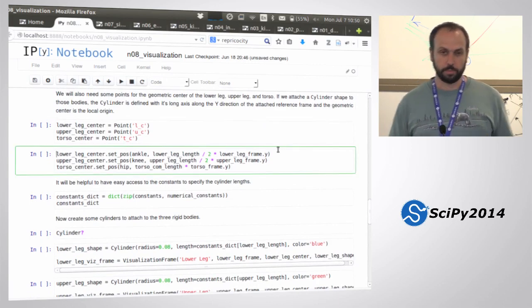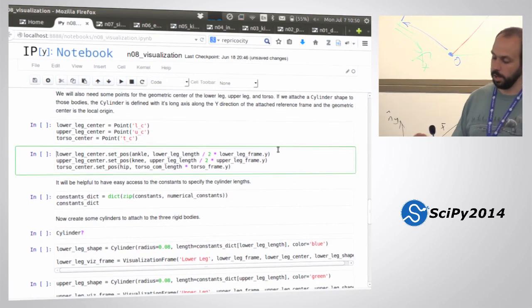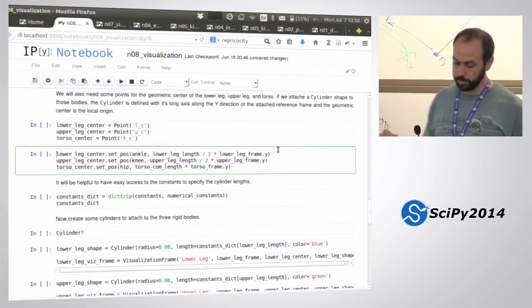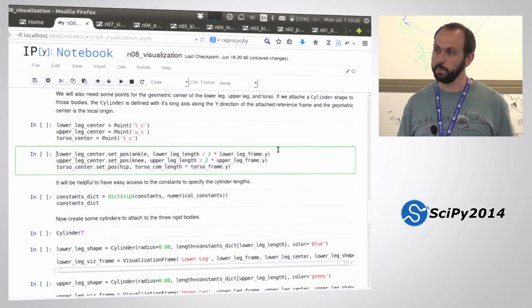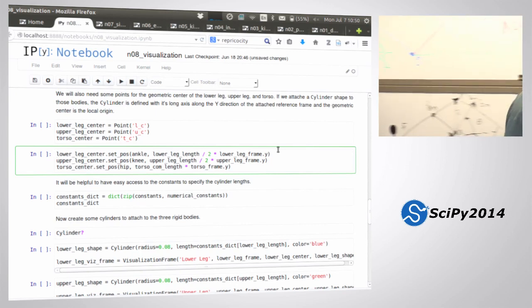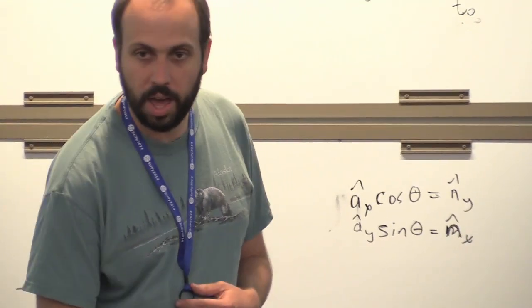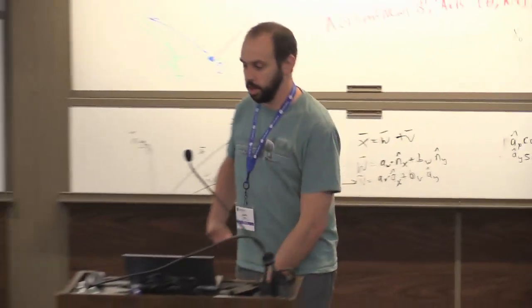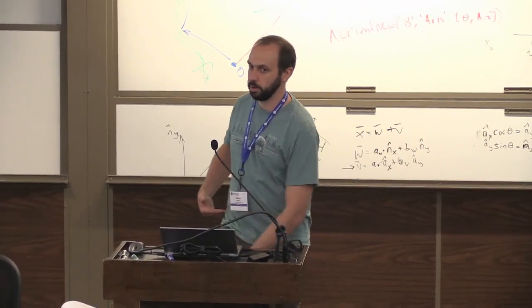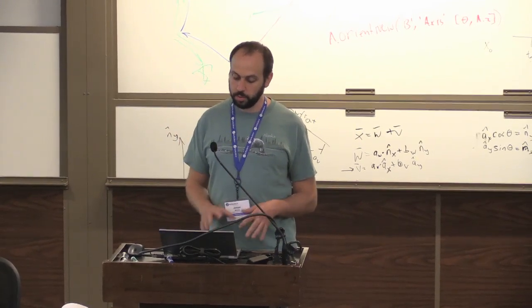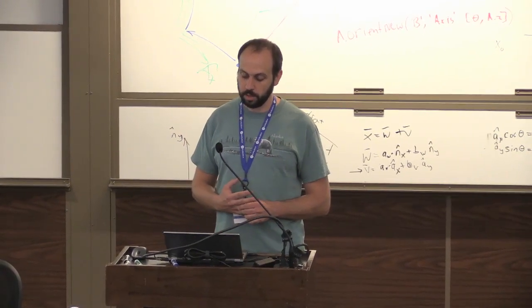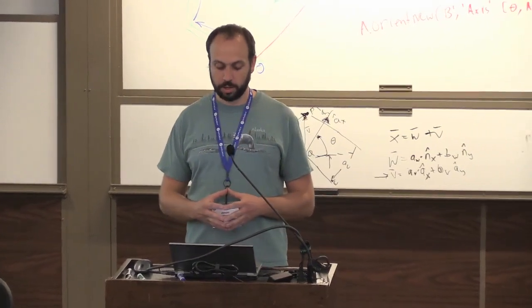All of the shapes have a default origin. For the cylinders, the default origin is at the geometric center of that cylinder. And if you remember, we have the points that locate the centers of mass, but we don't have points that are in the geometric center from your hip to your knee, for example, or your knee to your ankle. So we're going to create these 3 new points that I just called the lower leg center, upper leg center, and torso center.